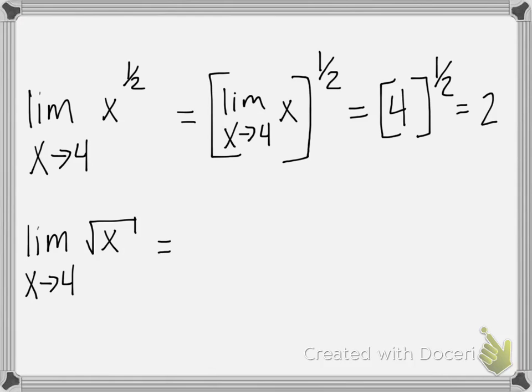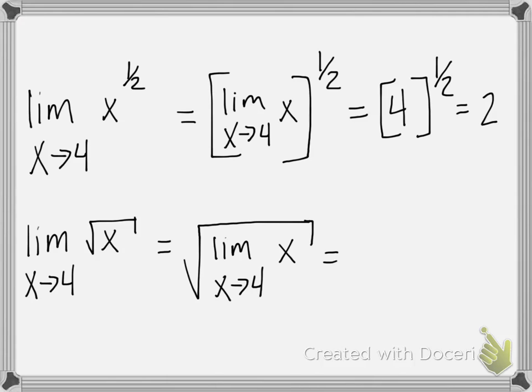And if you remember from a different video that I've done, when you have the limit of some radical, you just place the limit under the radical: x goes to 4 of x. Then you substitute, and since x is approaching 4, that gives us what we're approaching under a radical, which is 2. So, ta-da!